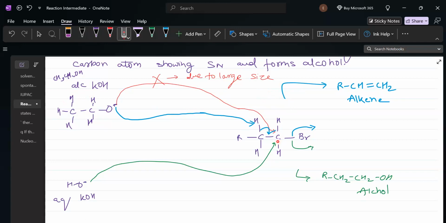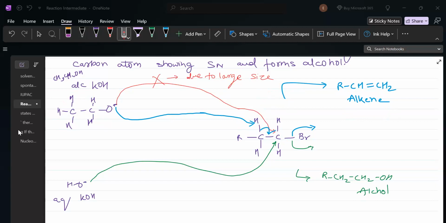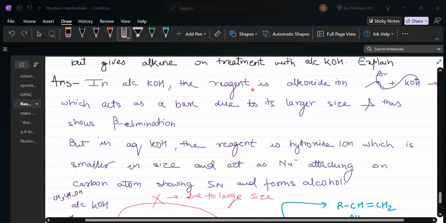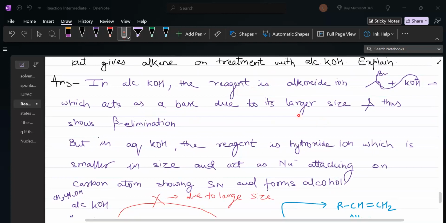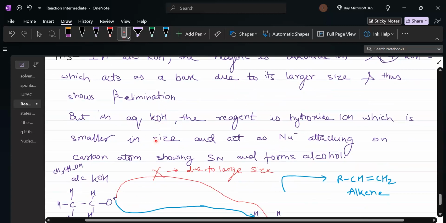So it removes this hydrogen, and thus alkene is formed. Okay, so you may have understood this concept: this reagent is acting as a base because it is very large in size, and aqueous KOH has no issues because the OH minus ion is very small, and it will attack as a nucleophile.